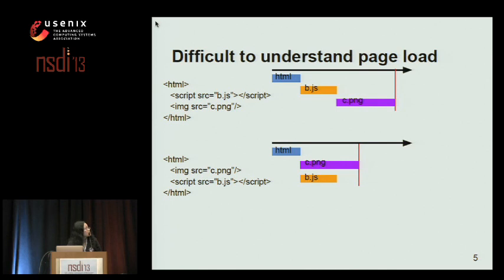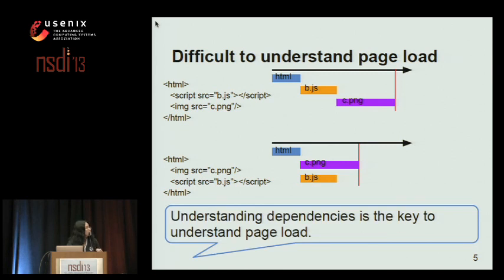This is the reason why the first page takes longer to load than the second one. If we look at the 2 pages, for the first page, all 3 objects here are the bottlenecks. But for the second page, only 2 objects here are the bottlenecks. This means that dependency is important, and that understanding dependency is the key to understanding page load.